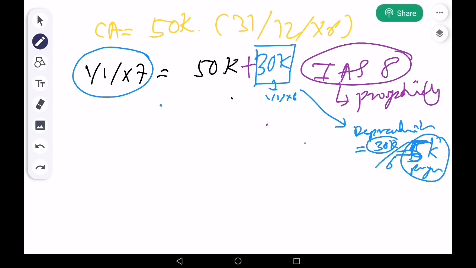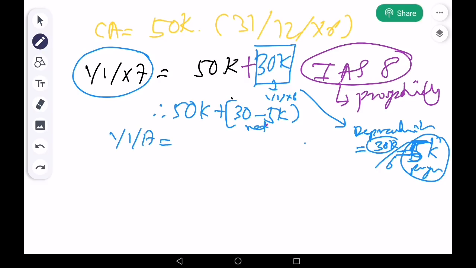charge 5k because this 30k has not yet been charged before this. So therefore, at the initial, your 50k plus 30 minus 5k after your depreciation, net. So therefore, at the 1st January 2007 will be 75k. So what is your subsequent after this?